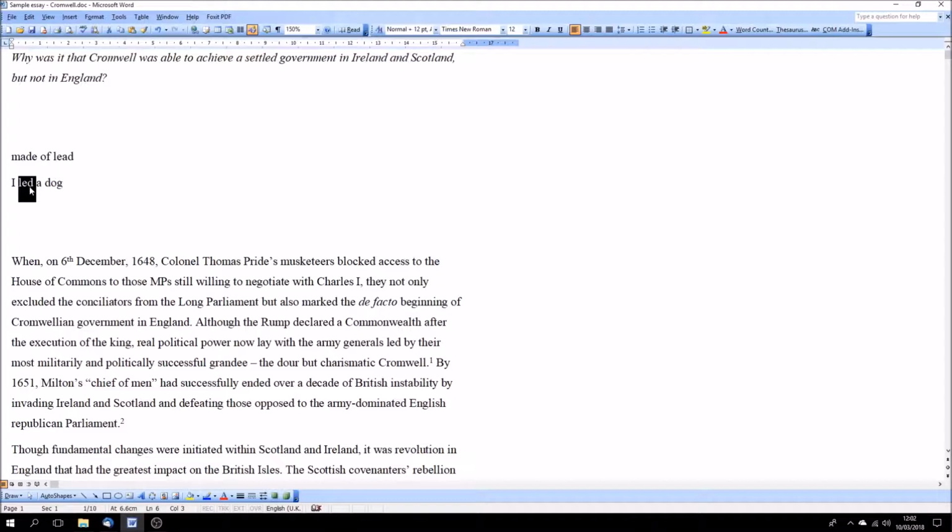It's a simple thing to slip past the spell checker, because the spell checker will not pick this up. It will not pick up I led a dog, which conjures up the picture of you actually pouring molten lead over a dog, which doesn't sound very nice at all. But of course you use the term led or lead quite a lot in essays to demonstrate development or an advance or a regression of some sort, and so that's one to watch out for.